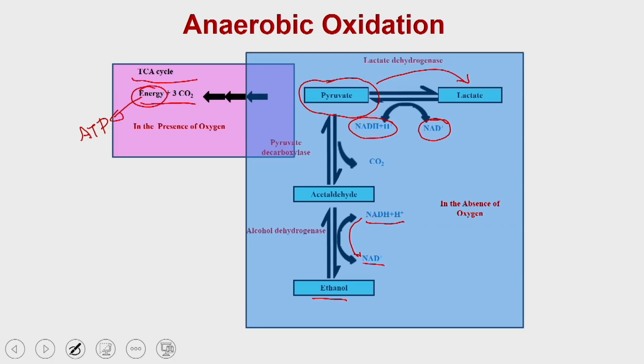These pathways operating in the absence of oxygen are called anaerobic oxidation. Let us discuss these 2 reactions separately and understand the significance of anaerobic oxidation in the metabolic pathway.